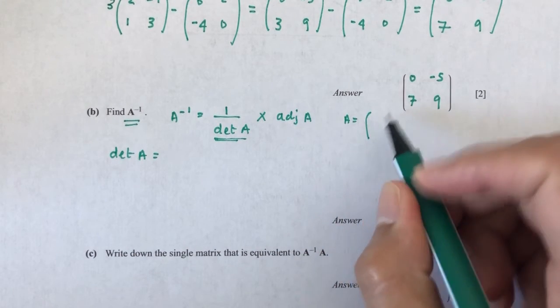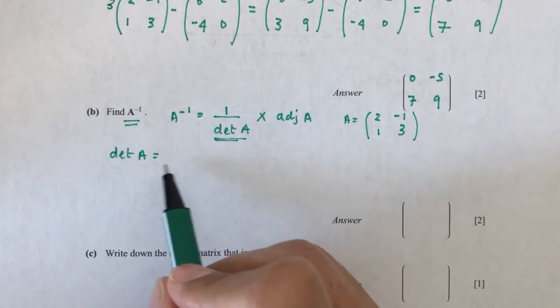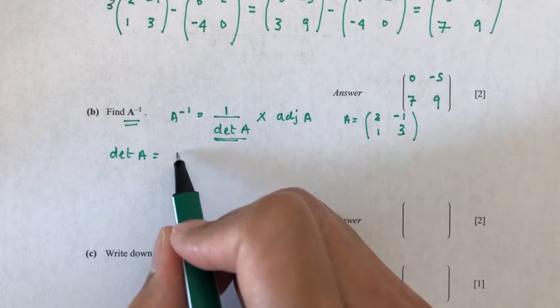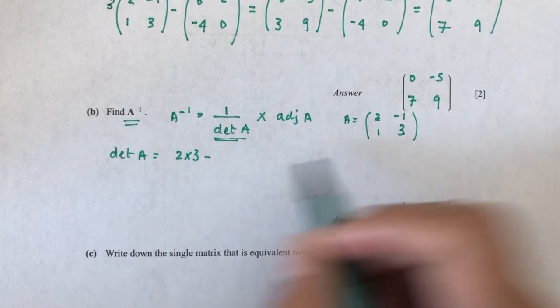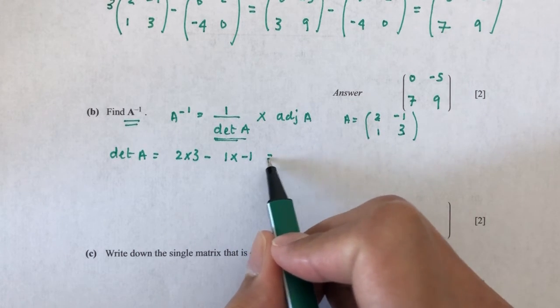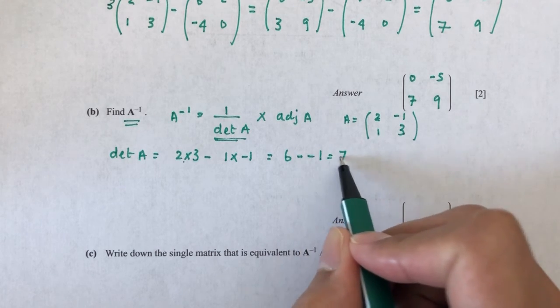A is 2, 1, minus 1, 3. For the determinant of A, we have to do 2 times 3 minus 1 times minus 1. So this will be 6 plus 1, which is 7.